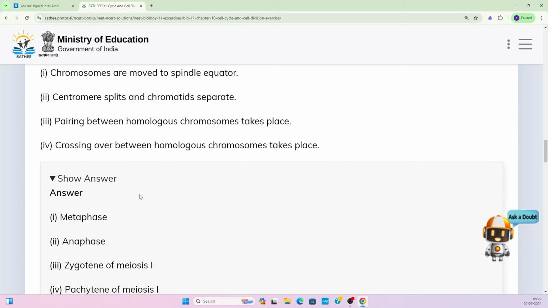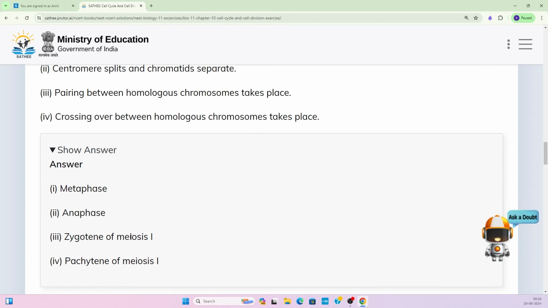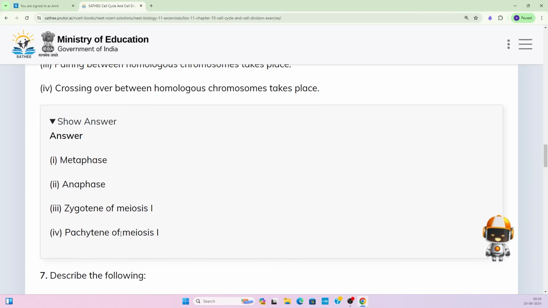Pairing between the homologous chromosomes takes place at the zygotene stage of meiosis 1. Homologous chromosomes come and pair with each other: chromosome number 1, then chromosome number 2, chromosome number 3. Next, crossing over between the homologous chromosomes takes place.